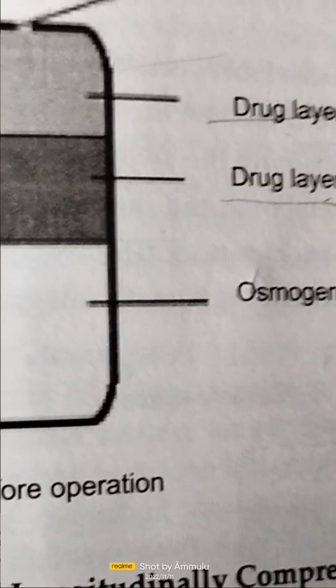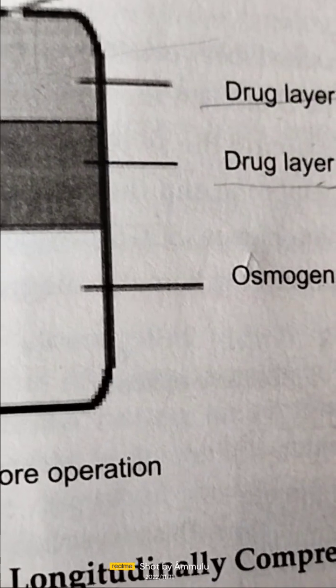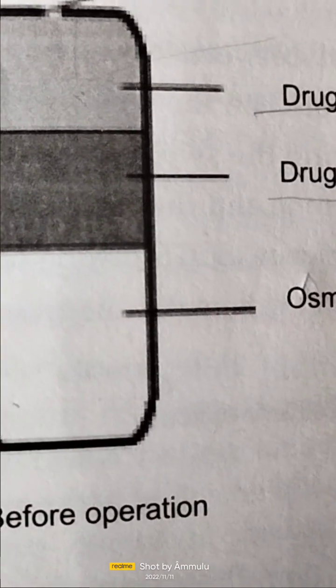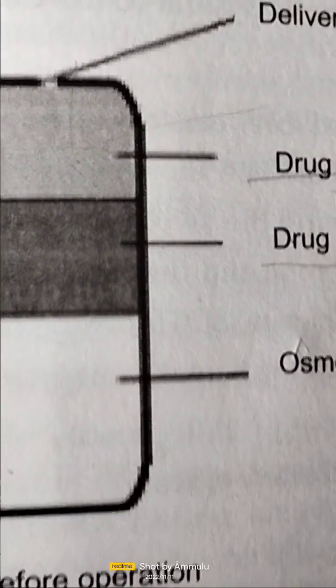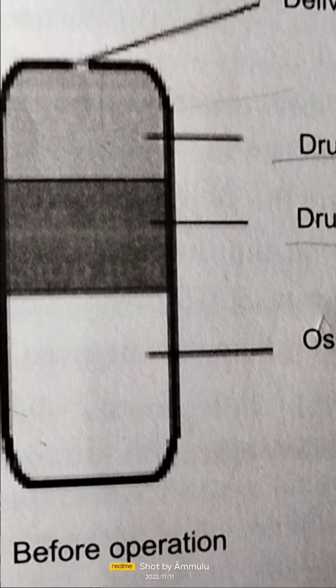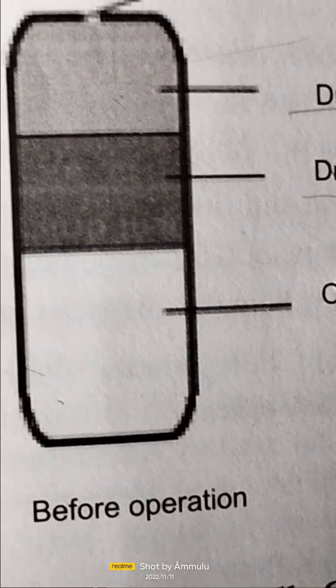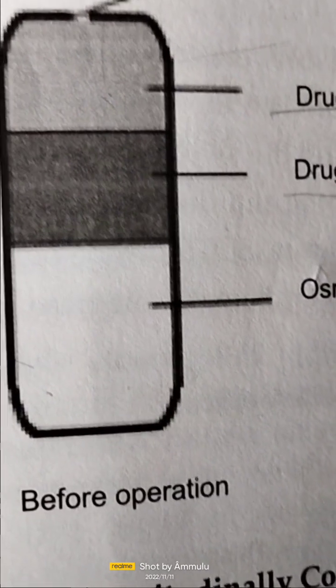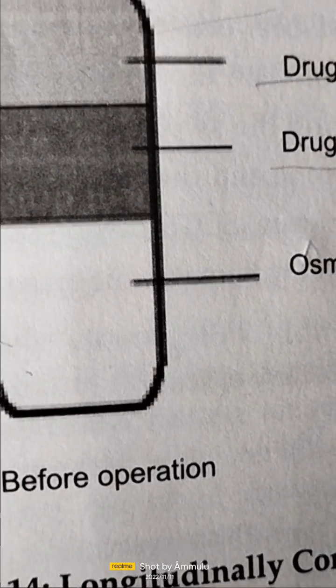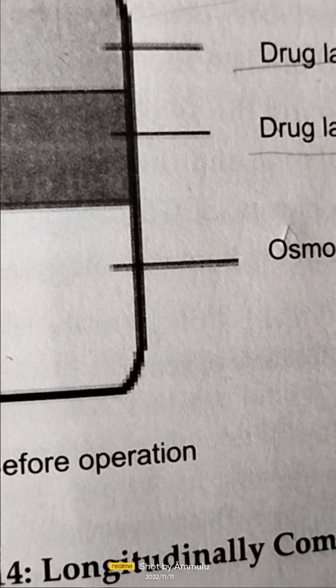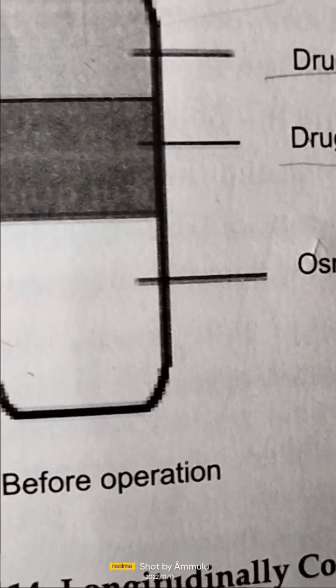Colon targeted oral osmotic system. These colon targeted oral osmotic systems are used once or twice a day. It comprises 5 to 6 push-pull osmotic units in a hard gelatin capsule.